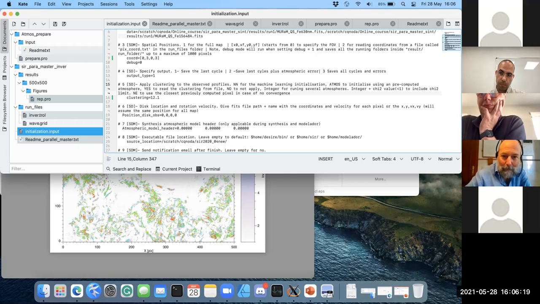What I'm just asking is, if you have these 12 model atmospheres that you have created, why don't you synthesize these atmospheres and get your profiles?